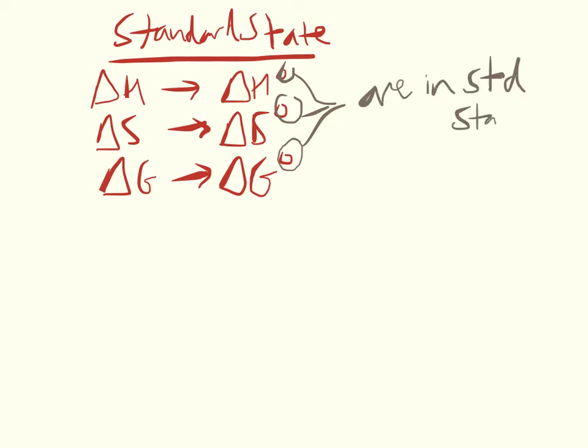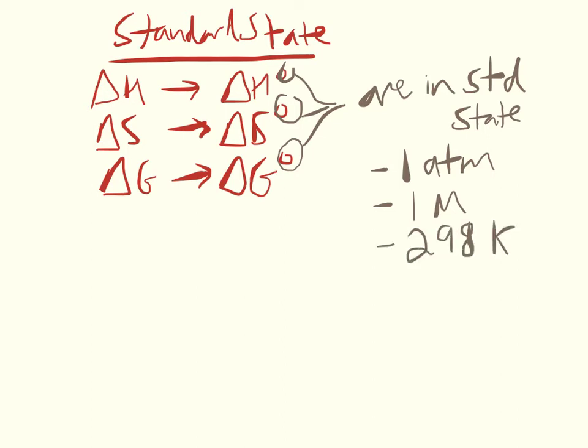So what does that mean? Well, it means that if we're talking about pressure of a gas, it's at 1 atmosphere. If we're talking about concentration of a solution, it's 1 molar. If we're talking about temperature, it's 298 Kelvin, which is the same thing as 25 degrees Celsius. And if we're talking about the enthalpy of formation, it is equal to 0 for elements in their standard state.